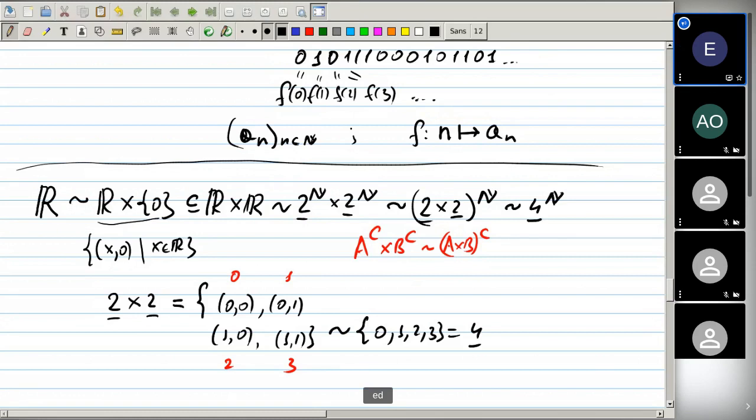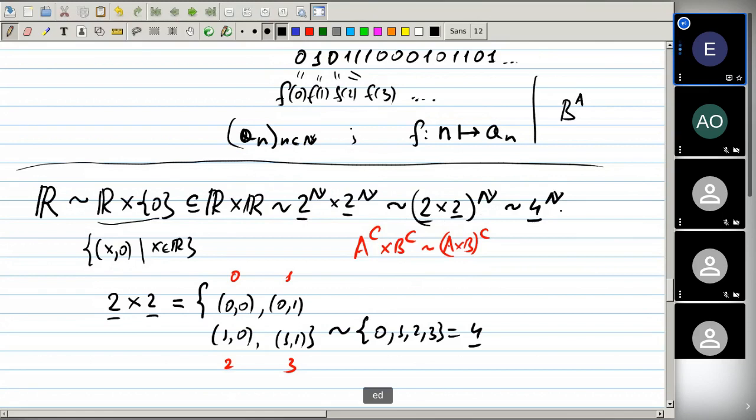Do you agree? Yes. What is it? It is a set of all functions from naturals to numbers 0, 1, 2, 3. By definition, do you remember the definition of the symbol b to the power a? So it is a set of all sequences of zeros, ones, twos, and threes with natural indices.